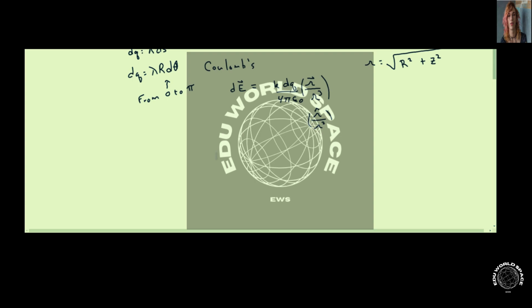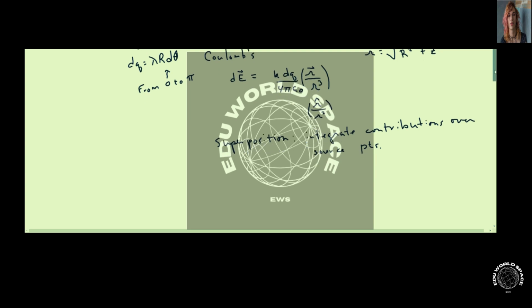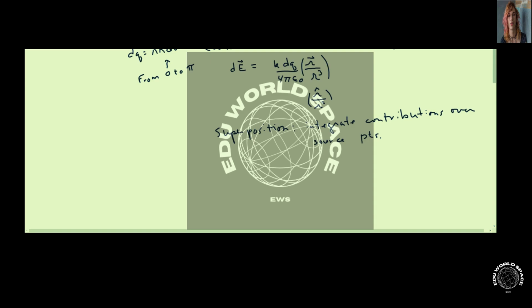Okay, so now we use superposition to integrate all the little source points. So we're really integrating contributions over the source points. So if we had discrete point charges, we would just be adding discrete point charge formulas, but we're kind of using the theta variable to do our addition for us.